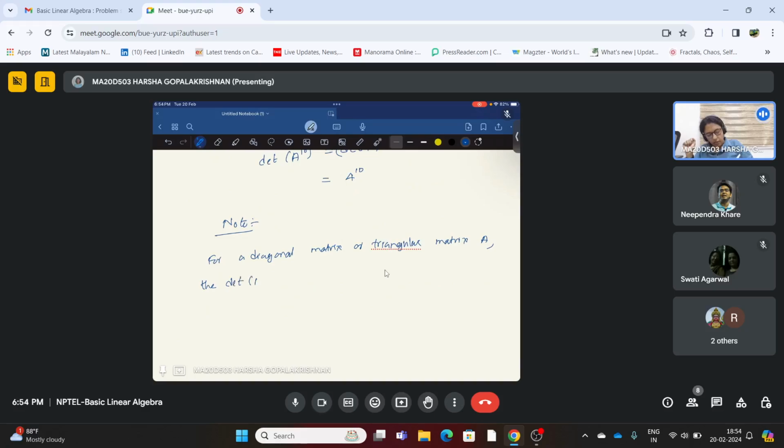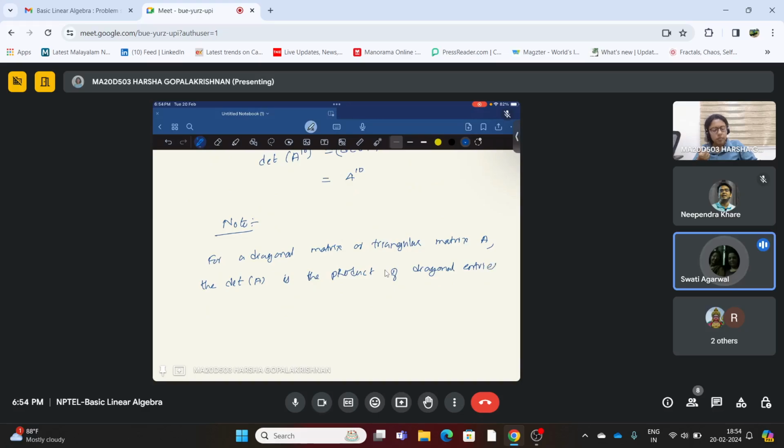The determinant of A is the product of diagonal entries. Are you able to visualize why it is coming just the product of diagonal entries?